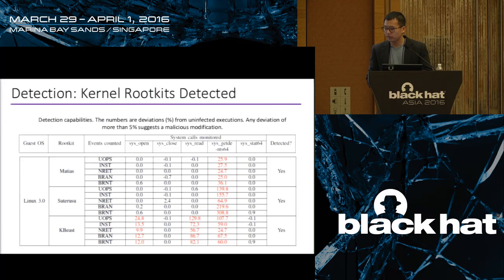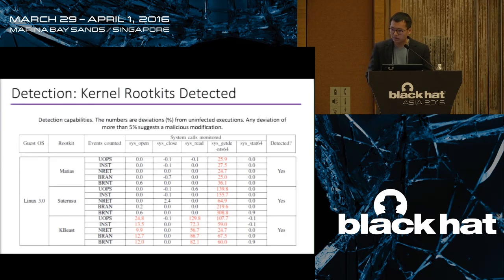And the next 5 columns are the syscalls that we selected. So altogether, there are 25 event and syscall pairs for the counter reading, and the numbers in the columns indicate the deviation when we run the test program. And the last column shows whether the rootkit is detected or not.